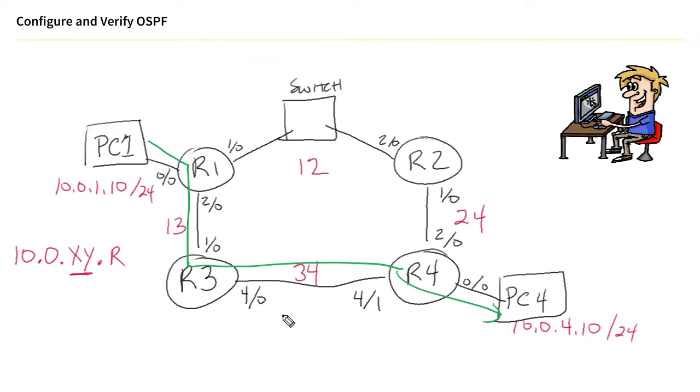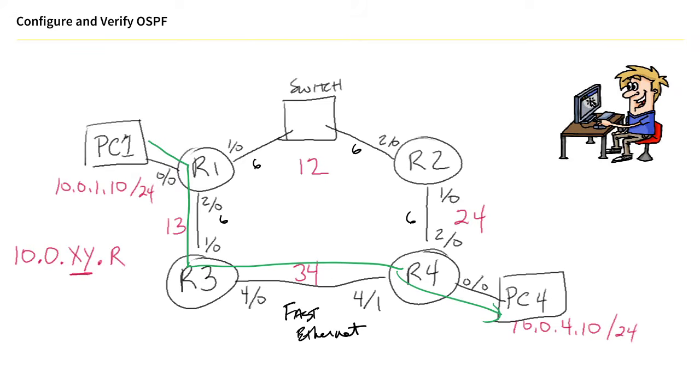Now, this link right here, and I'll put this in black, is Fast Ethernet. And all the other interfaces in the network for the routers are all gigabit. So gig here, gig here, gig here, gig here. And so if we look at the costs, the default cost on a gigabit interface for, oh, I know what happened.